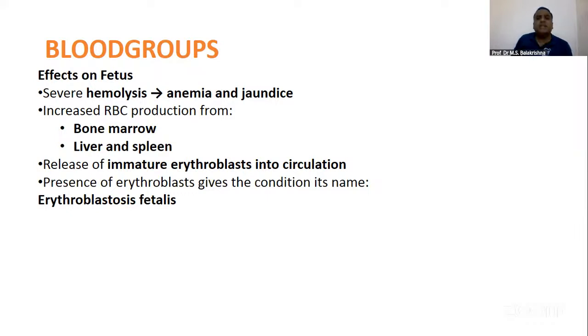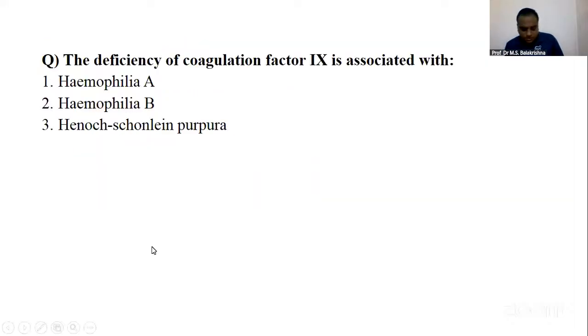From that side the problem arises, and destruction of RBCs is there. Because the destruction is happening at a faster rate, immature erythroblasts, even though they are not mature, are thrown into circulation. So this condition is called erythroblastosis fetalis.